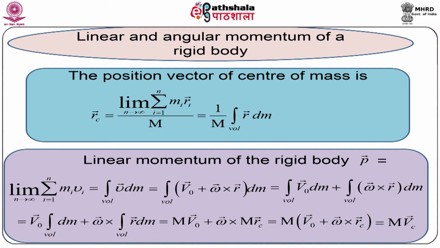Here we have taken omega vector out of this integral, since it is independent of this integration. This gives capital M, so we get this one, and from this we get this one.